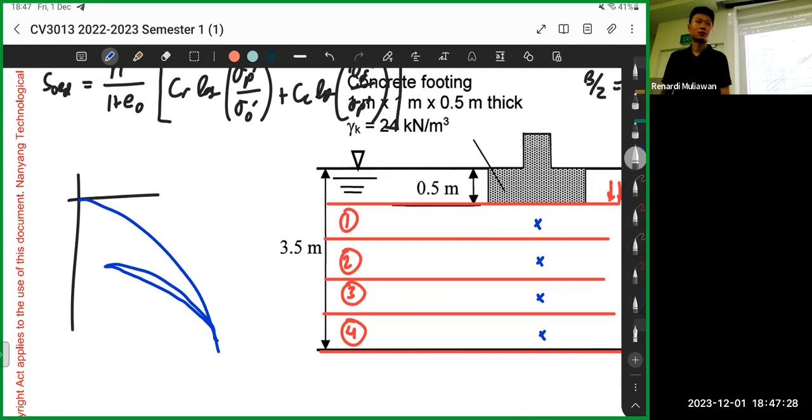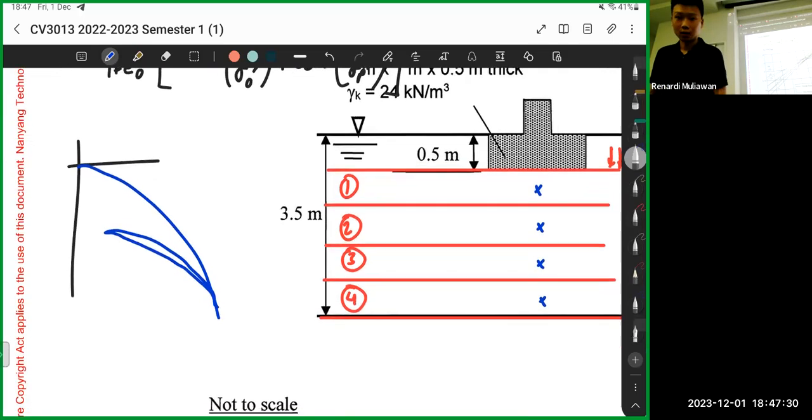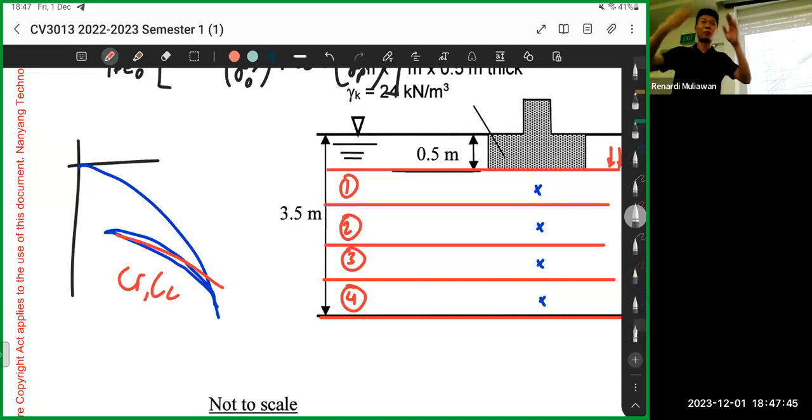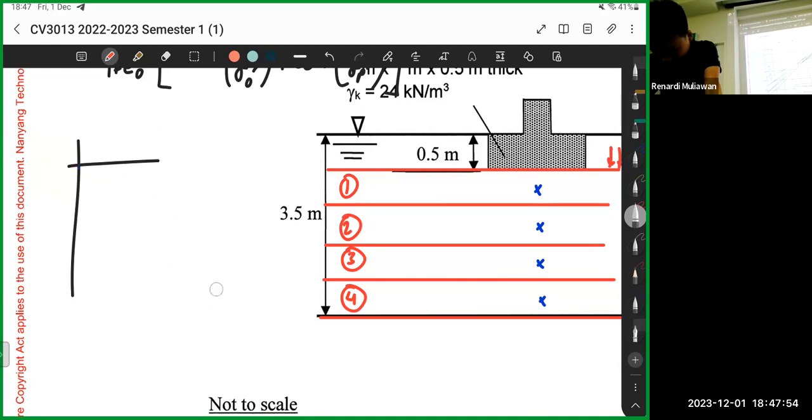Do you remember actually? Just curious. This one is the CR and CC. Then yeah, it's the recompression curve. Okay, so there's the primary compression curve. There's the recompression curve. Okay, it can be represented like this.